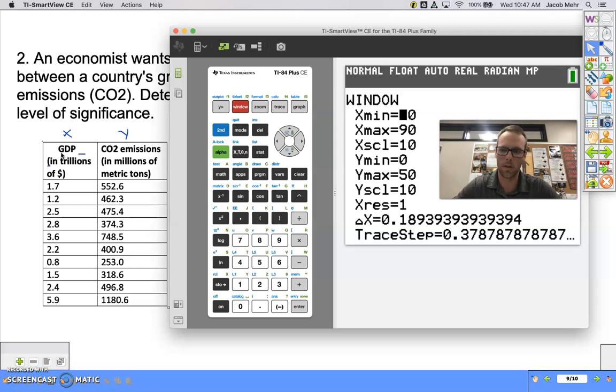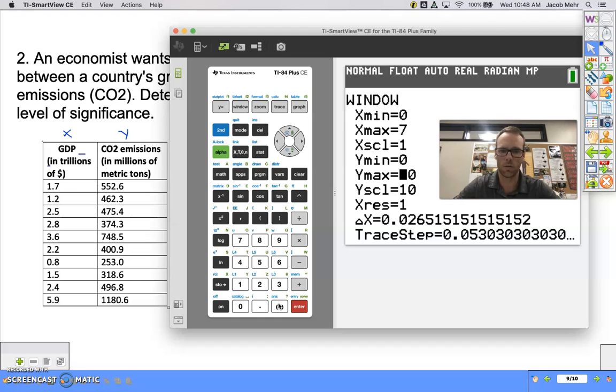Now, they're not really small numbers because this is in trillions of dollars, but in trillions of dollars, they're small numbers. Let's go 0 up to, let's go 7. Let's go by ones. Our CO2 emissions in millions of metric tons are ranging from 253 up to almost 1,200.